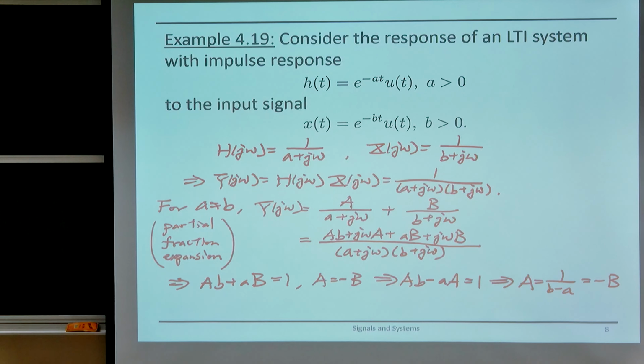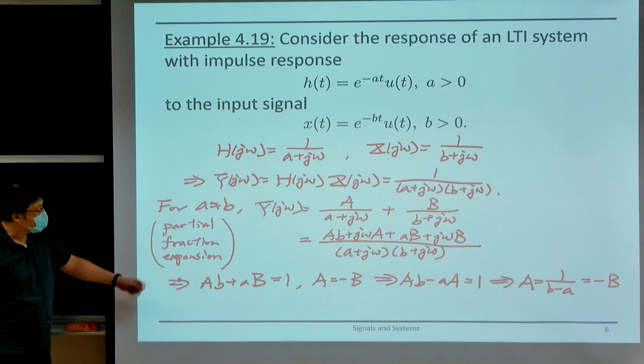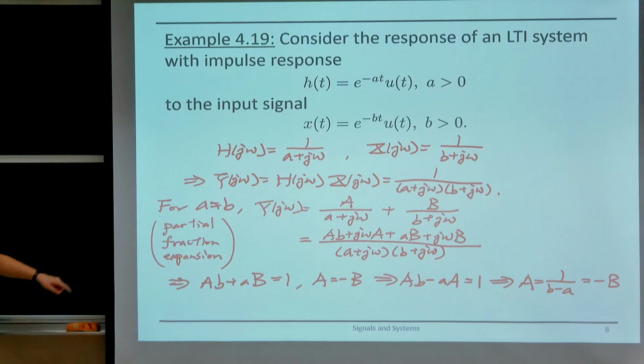So this type of computation will arise here and there. The key is to use this partial fraction expansion. If you're not familiar with this, they have some explanation in the appendix, so see appendix if you're not familiar with this.